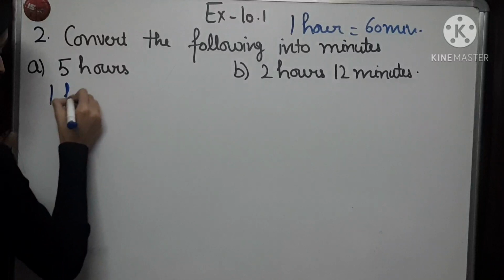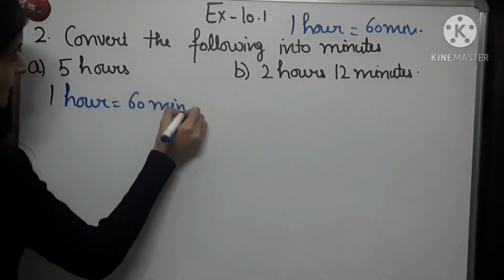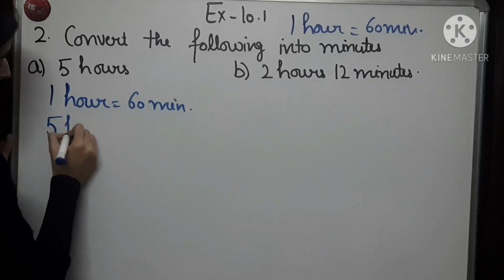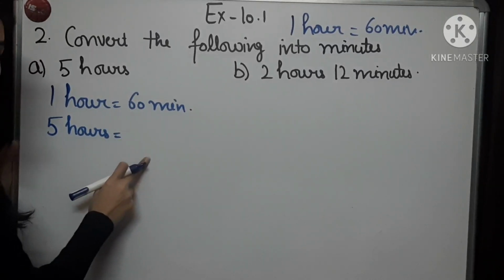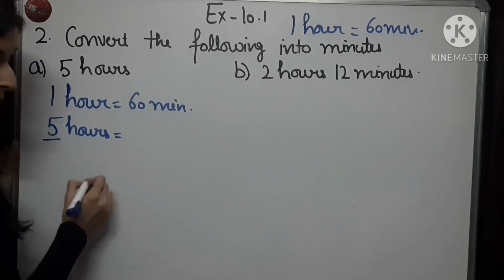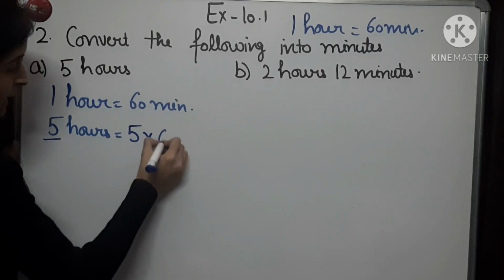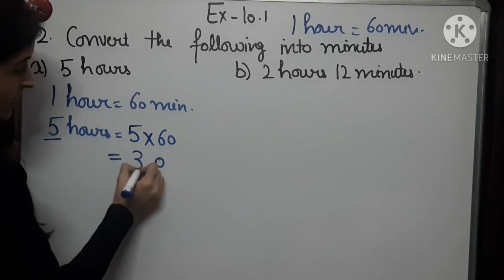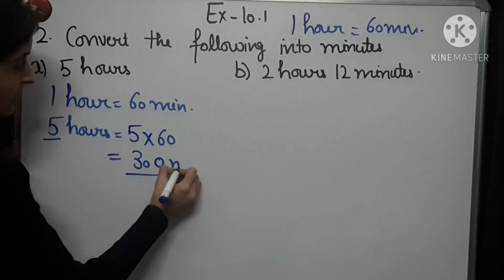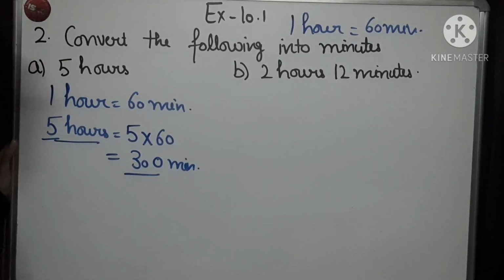If 1 hour is equal to 60 minutes, then 5 hours will be equal to, for converting hours to minutes, we will multiply the number of hours by 60, and the number of hours are 5. So 5 multiplied by 60. 5 zeros are 0. 5 6s are 30. It means 300 minutes are there in 5 hours.